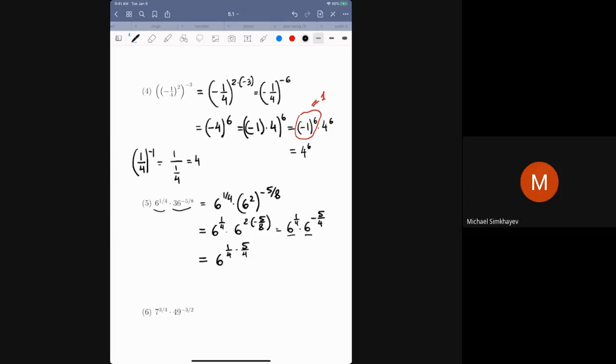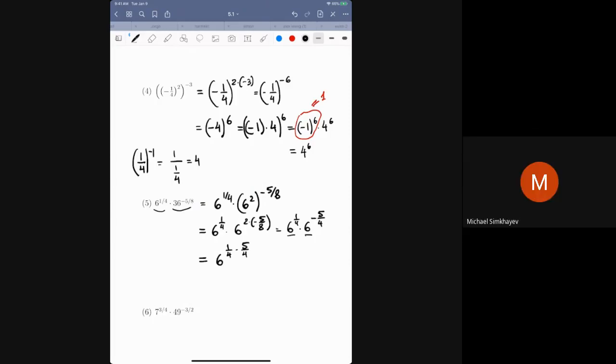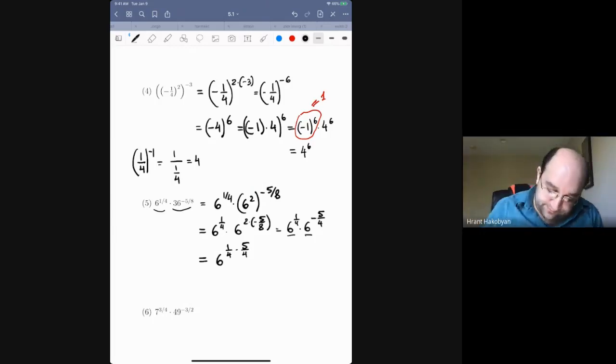We always have to make the bases the same in order to then add the exponents. Yeah, if you want to add the powers, the base has to be the same. Is there another way to do this? I don't think so.